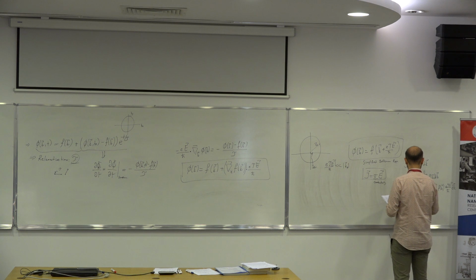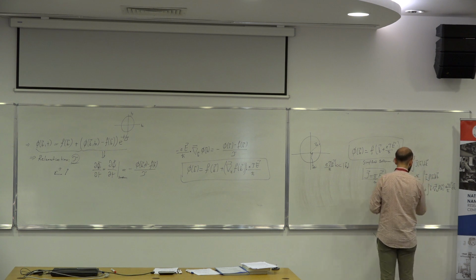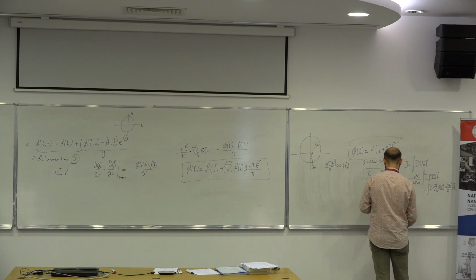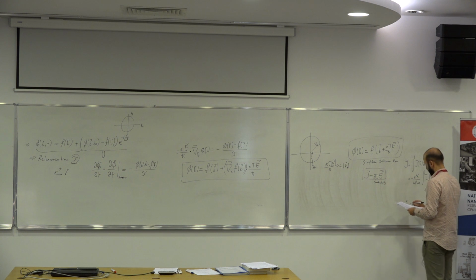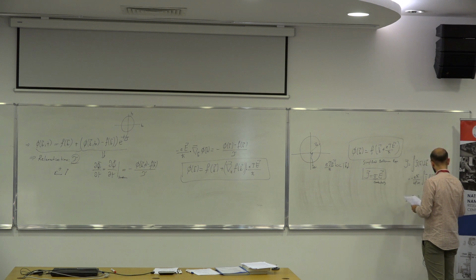And then if you play around with this equation, basically this is what you end up with: minus E squared tau h bar squared divided by 4 pi cubed m squared, integral k del f_k over del E, and you have k dot E here, dk.